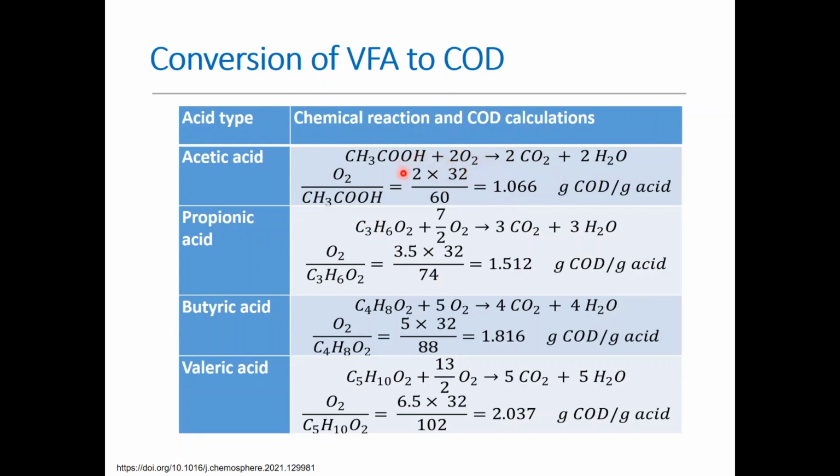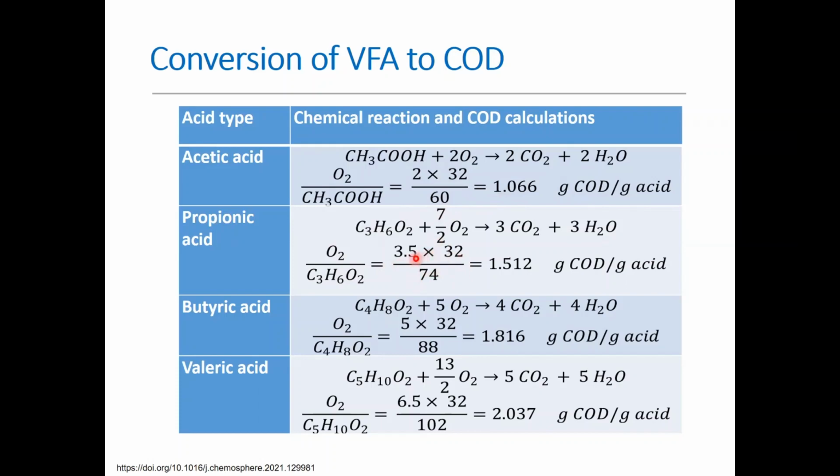The 2 moles is equivalent to 64 grams, and 1 mole of acetic acid is equivalent to 60 grams. So if we divide 64 by 60, we get the COD equivalent, which is 1.066.